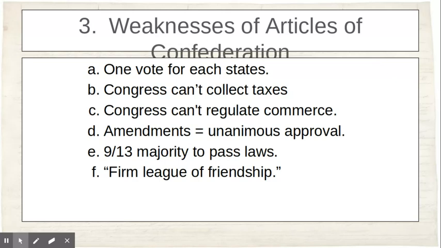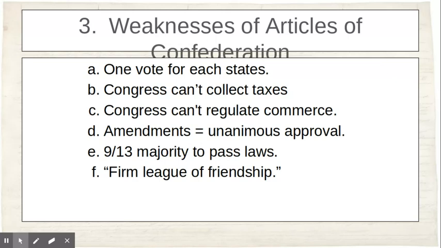Amendments needed unanimous approval. So, in order to change the articles, you needed all 13 states to approve, which was unlikely. And then just to pass regular laws, you needed 9 out of 13 states, which meant that very few laws were going to be passed, which you might think, oh, that must be a good thing.